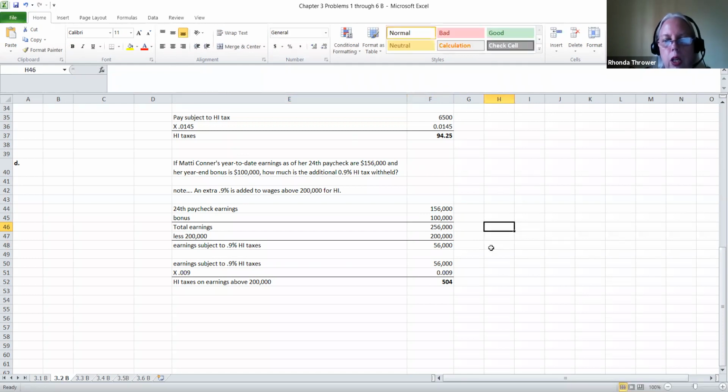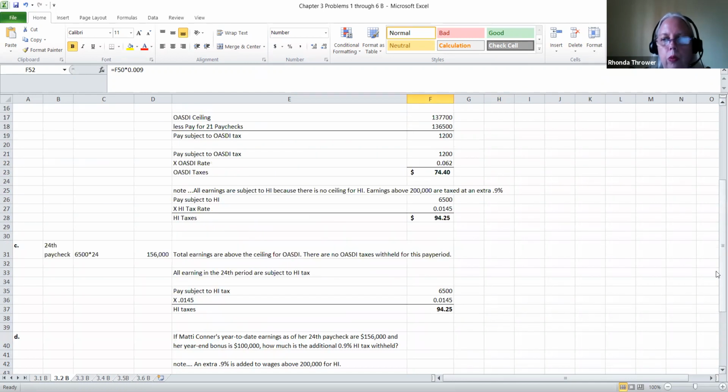That's going to be 56,000. That's the earnings. So the earnings multiplied by 0.009, I just went ahead and converted it to a decimal, will give you the HI taxes on earnings above 200,000 for this employee, which would have been $504.